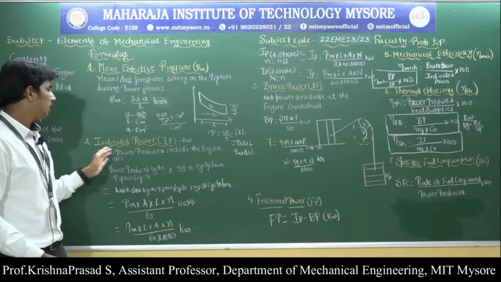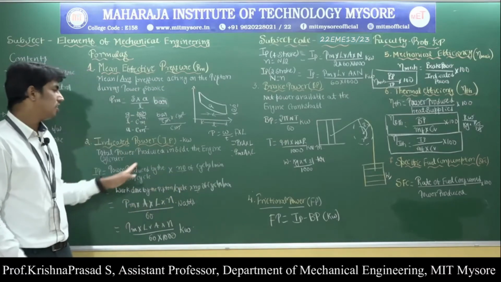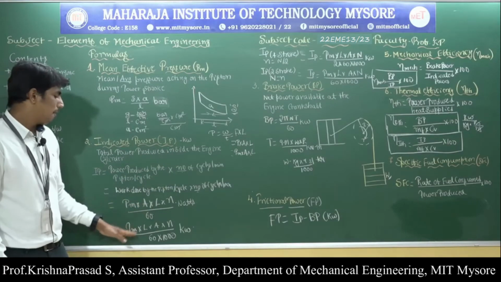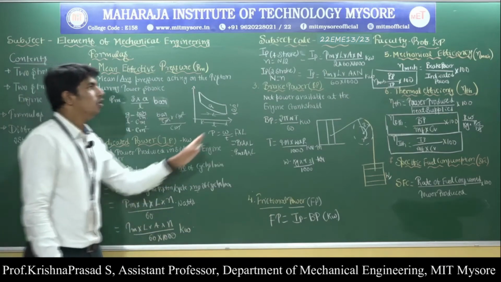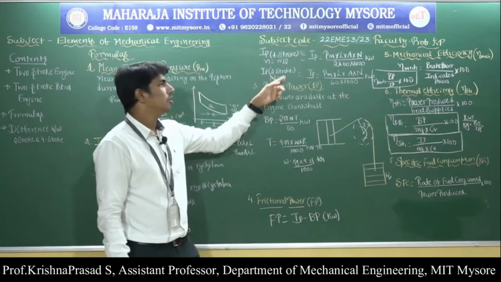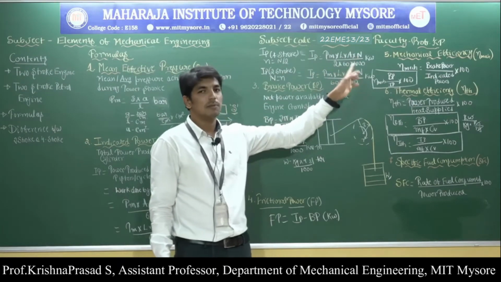It is denoted by PM. Similarly, indicated power is nothing but the total power produced inside the engine cylinder, denoted by IP and expressed in kilowatt, and that is equal to PLANK by 60 into 1000 in terms of kilowatt. For a 4-stroke engine, the number of cycles is equal to capital N by 2, so PLAN into N by 2 into 60 by 1000.